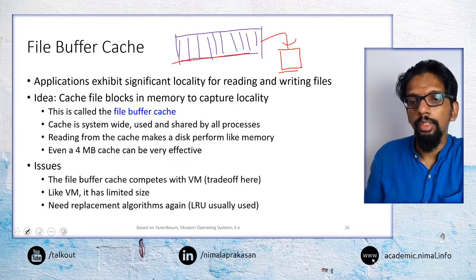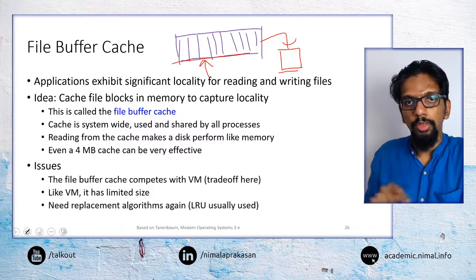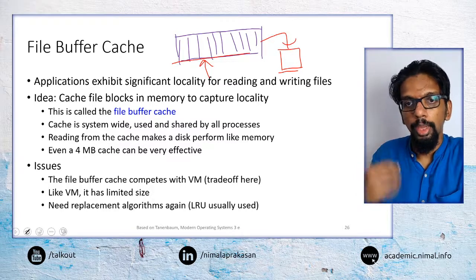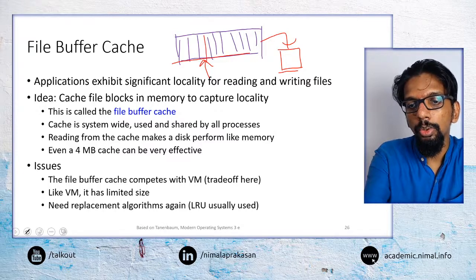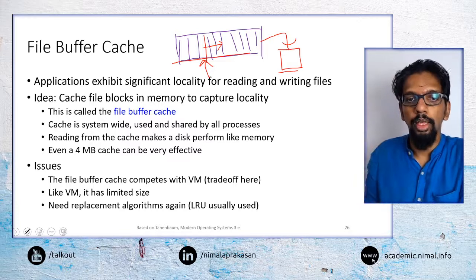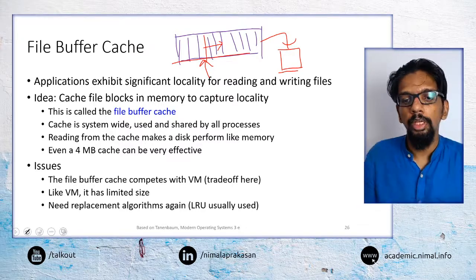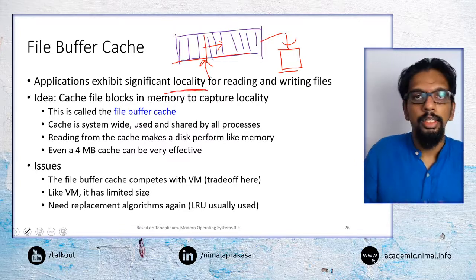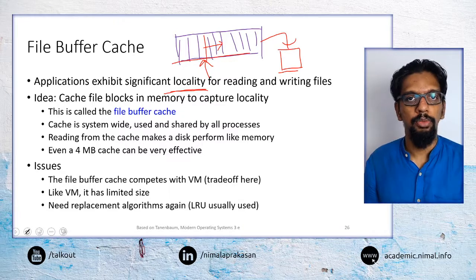So what we do is, when a file is being read from here, we will move the blocks of that file into the main memory. But then what we may also do is, we may also read the subsequent blocks of that file, because we have this property of locality. Say if you start reading a file, you may normally read the rest of the file.